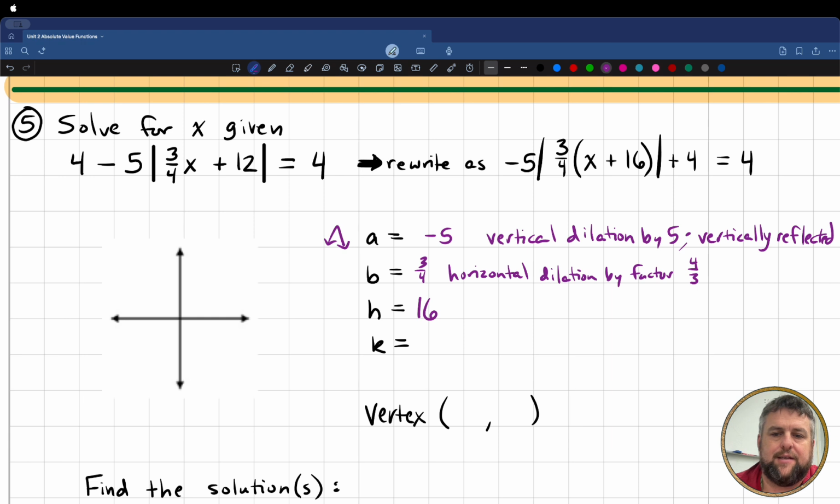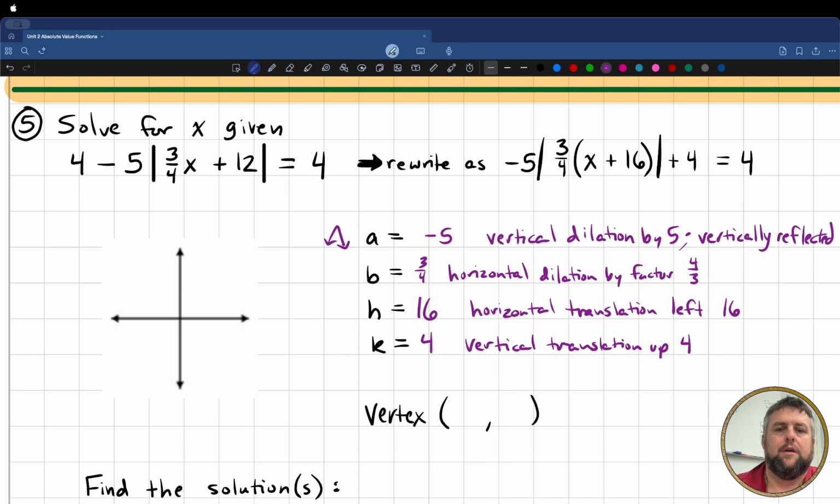But this is telling us a horizontal translation left 16. And then a k value being 4 tells us a vertical translation up 4.